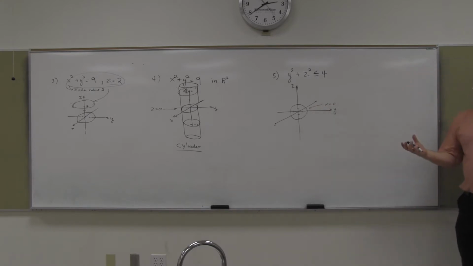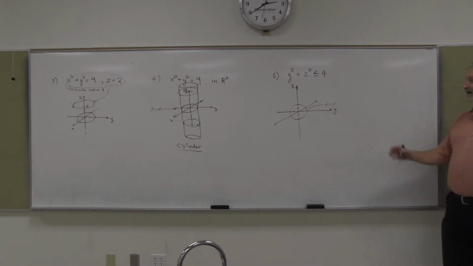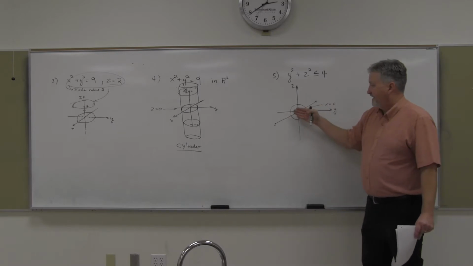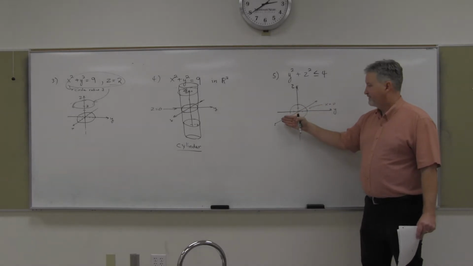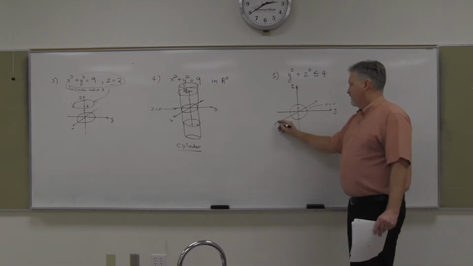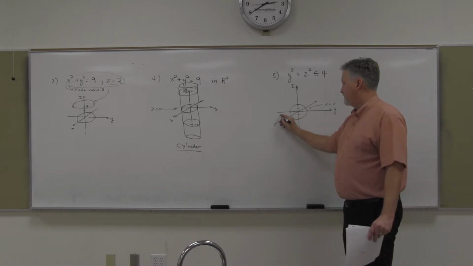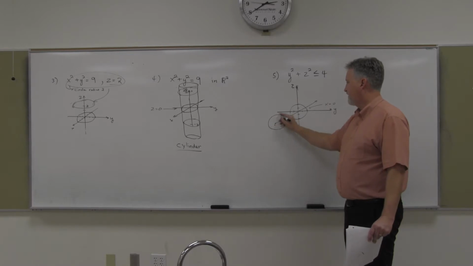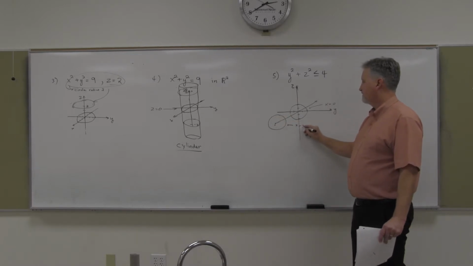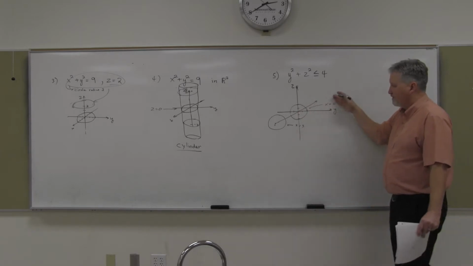Well, what's going to happen though? x can vary. x can be 1, 2, 3, or anything in between, anything greater, -1, -2. So you're going to have this circle, but at 1, and then a circle at x equals 2, and then a circle at x equals 3, so forth and so on. So you get another circle out here. Let's say that one's at x equals 3. Then we'll have ones that go backwards.